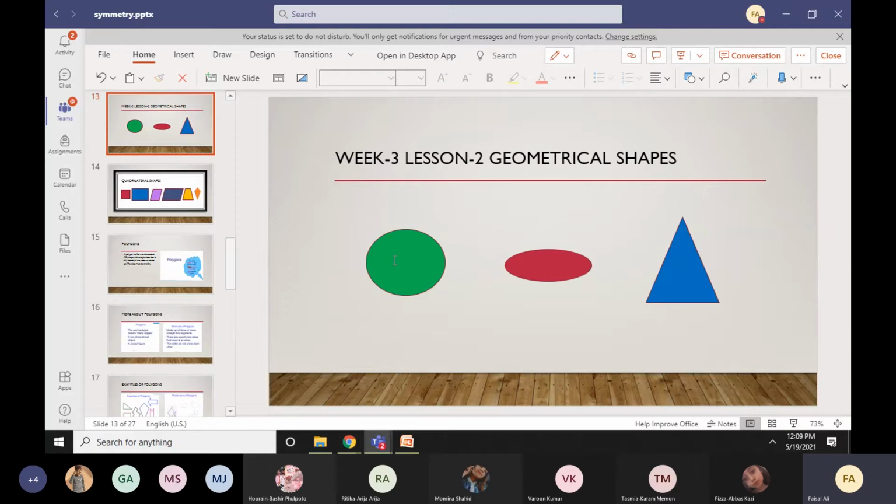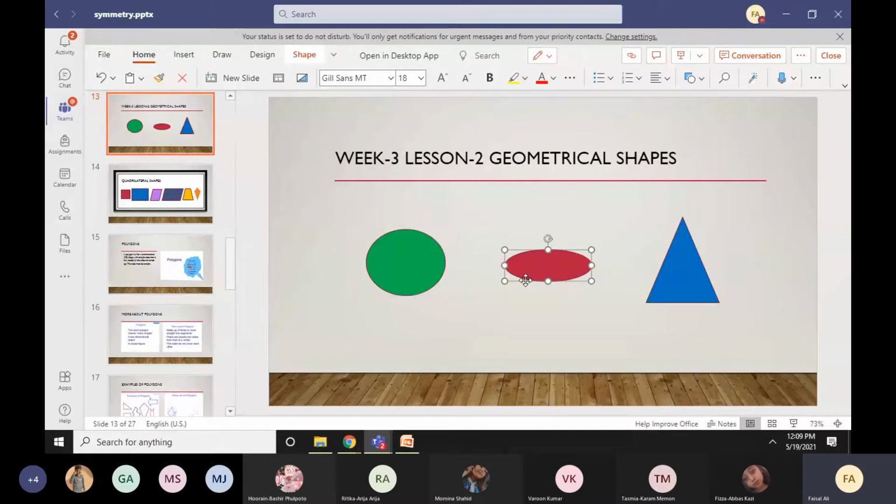Are circle and oval polygons? No beta, in a circle there is no straight line. Straight line means a straight flat line. In a circle and oval there is no flat line, so circle and oval are not polygons.